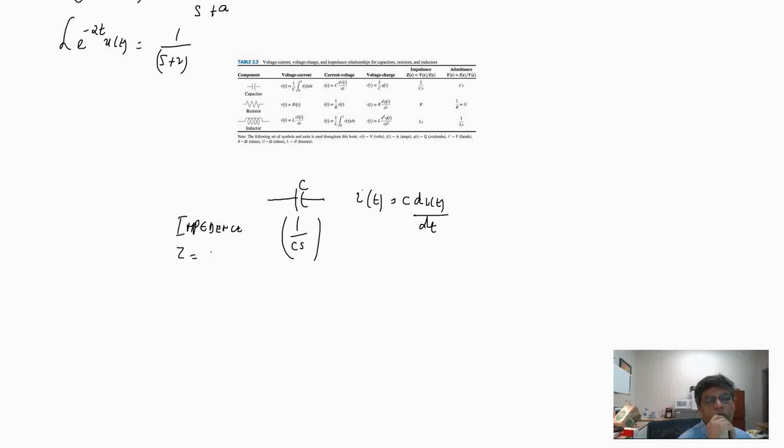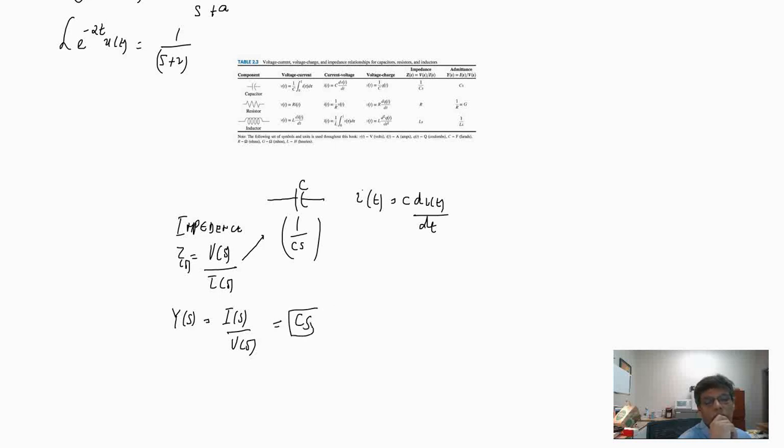The impedance is the voltage V of s in the s domain divided by I of s. So the impedance is equal to 1 over Cs. The admittance is just the opposite: Y of s will be 1 over Z of s, which makes this I of s over V of s. You get it, guys? So obviously this is going to be flipped over.